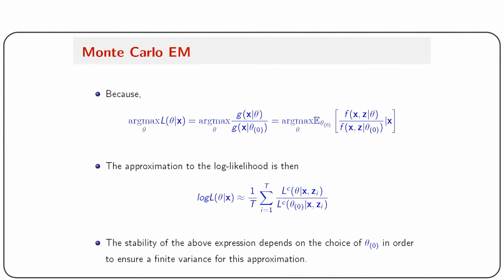The approximation to the log likelihood is then log L(theta given x) approximately 1 by T, sum over i equals 1 to n, of Lc(theta given x, zi) by Lc(theta naught given x, zi). The stability of the above expression depends on the choice of theta naught, in order to ensure a finite variance for this approximation.